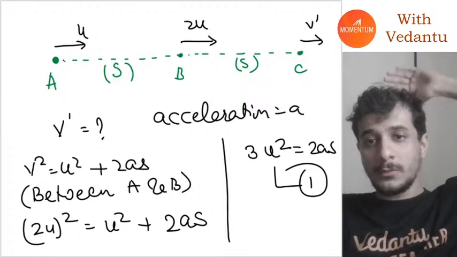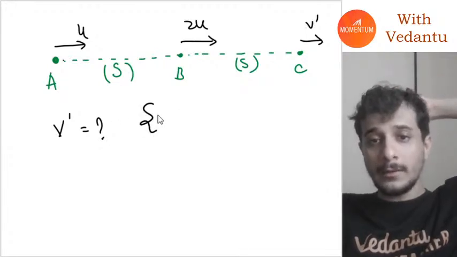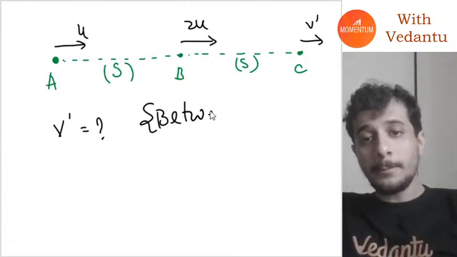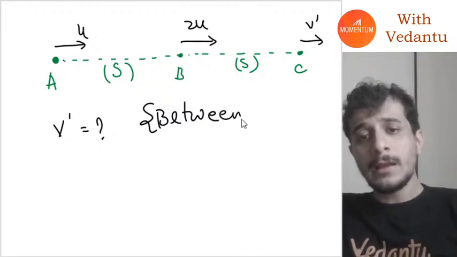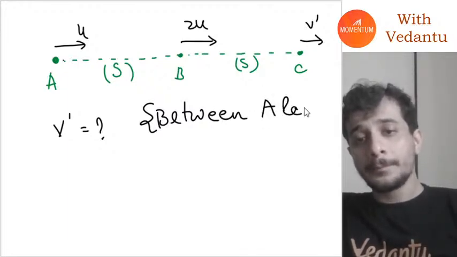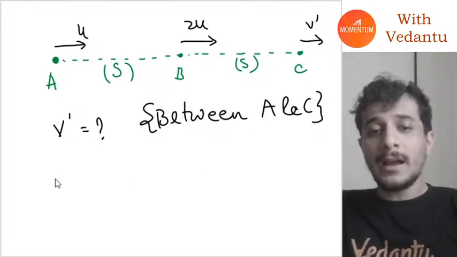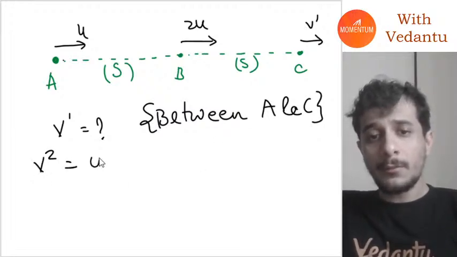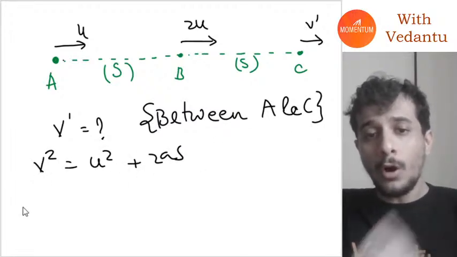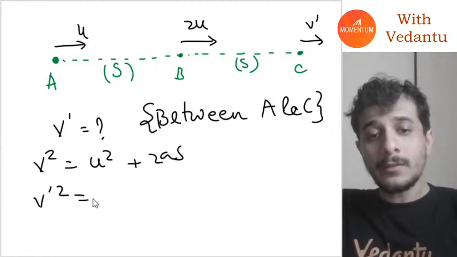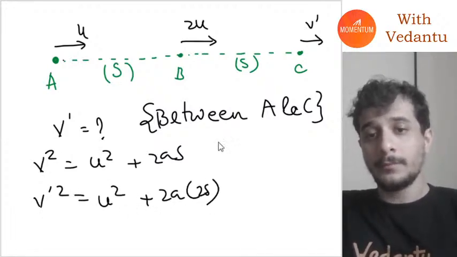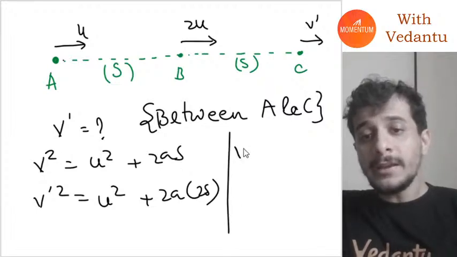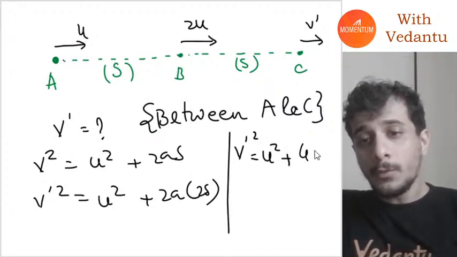In the next one, if I look at the motion between A and C, then I can use the equation v square is equal to u square plus 2as, or v dash square is equal to u square plus 2 into a into 2s, which gives me v dash square is equal to u square plus 4as.